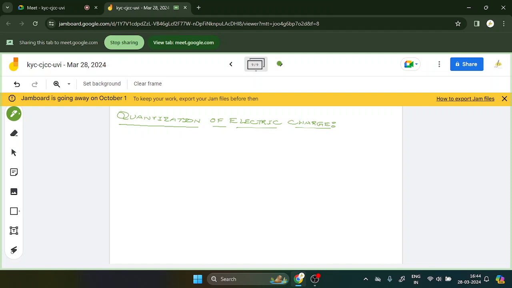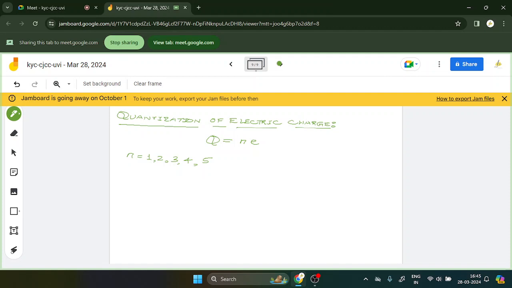For example, the charge which you will be finding will always be in the magnitude of Ne. Q equals Ne. So this is the charge Q, and it will have the magnitude of Ne. Now what is Ne? The value of N is always going to be 1, 2, 3, 4, 5, and -1, -2, -3, like this.